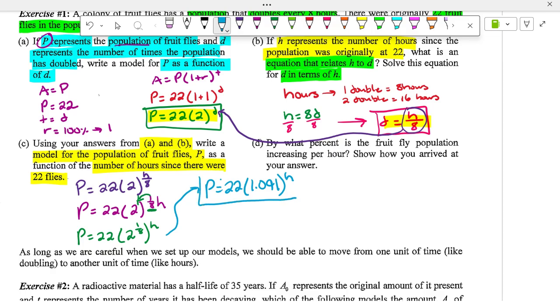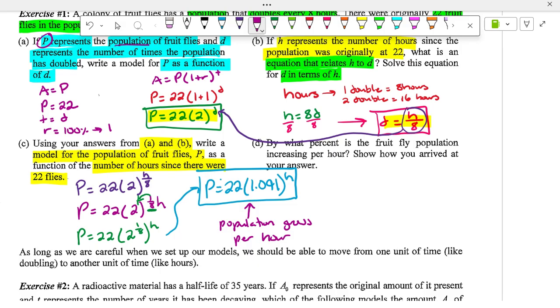So this equation right here is the equation that we would use to find how much the population grows per hour. The original was based off of doubling. We then wrote it in terms of hours, which means we could write the hours as 8 times the doubling, so the doubling can be written as h divided by 8.